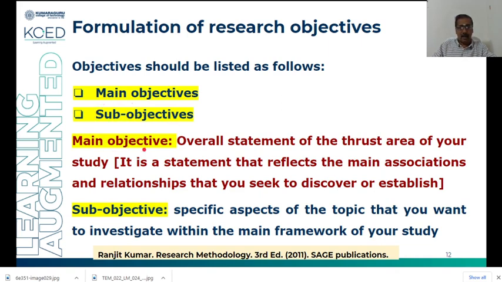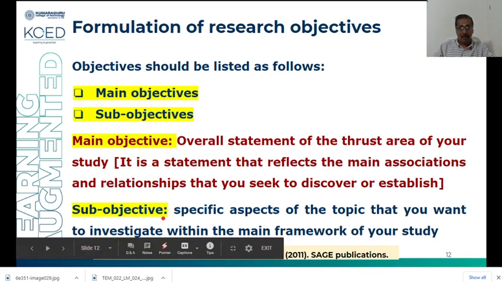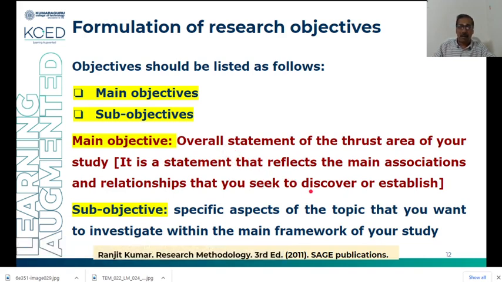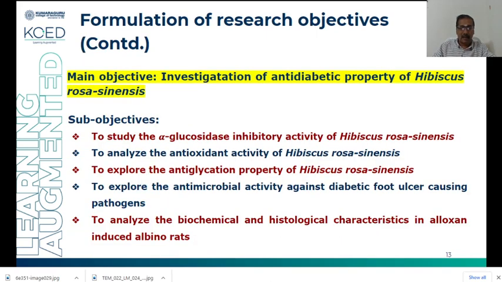Say main objective: this could be the overall statement. Sub objective: from the overall objective you can fragment into multiple small objectives. So I will discuss, for example, in a biological problem, investigation of anti-diabetic property of hibiscus.